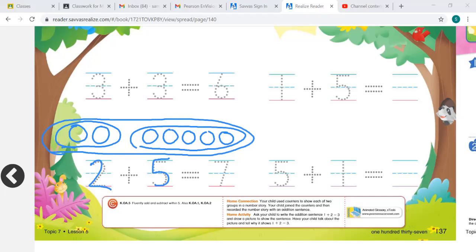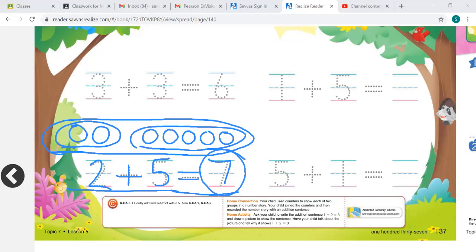Those are the two groups we want to join. So we will add our plus sign because we're joining them. 2 plus 5 equals 7. That is our addition sentence. 2 plus 5 equals 7. Remember, 7 is the sum. It tells how many in all.